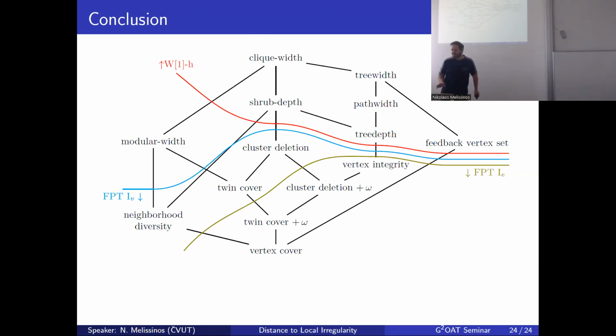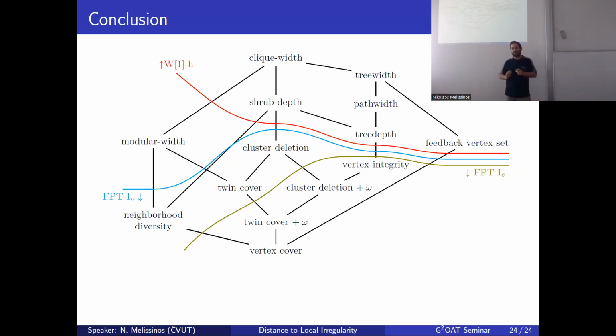Now, in my opinion, the most interesting thing is that we cannot do the same in edge-irregulator as in vertex-irregulator and generalize the vertex integrity algorithm for cluster deletion, because suddenly it's much more complicated to deal with cliques, especially if you change the small degrees here and there.